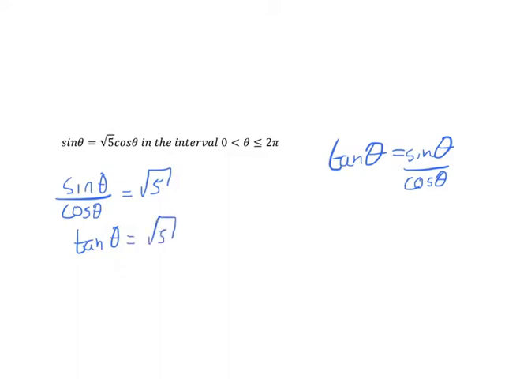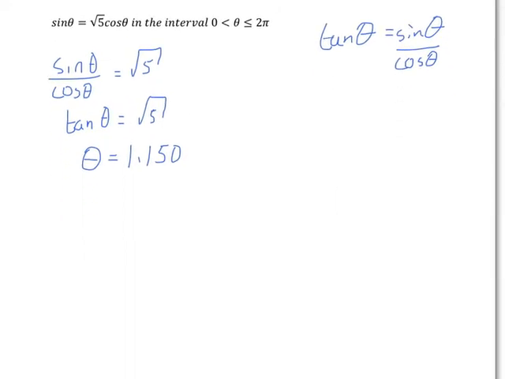And if you pick up your calculator and find out what tan to the minus 1 is of root 5, you get theta as 1.150 to 3 decimal places. Remember, you should have your calculator set for radians. If you don't get that, it probably means you're in the wrong form of measuring angles. And we're asked to find all the values in the range from 0 to 2 pi.